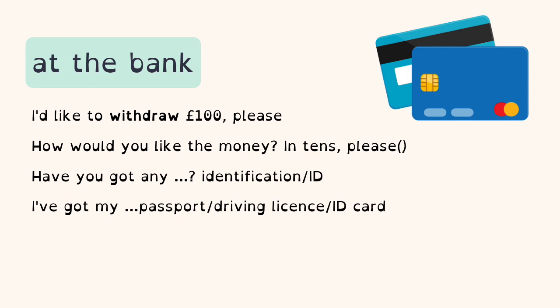So you could maybe want it in coins or £5. I think they don't make £5 anymore. But you could say in tens, please, for example. Or in 20s, please. And the person will take out lots of different notes and give you the amount that you asked for. Okay, I hope that's clear.